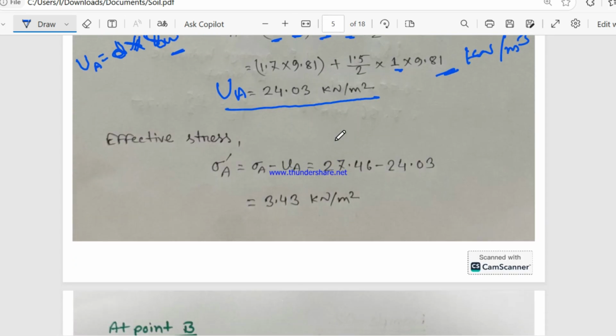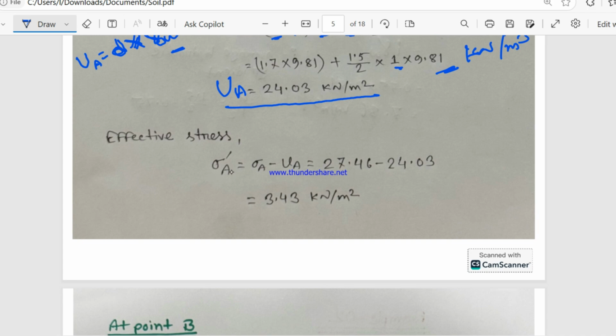The formula is effective stress equals total stress minus pore water pressure. Total stress is 27.46 and pore water pressure is 24.03, so the effective stress at point A will be 3.43 kilonewton per meter square.